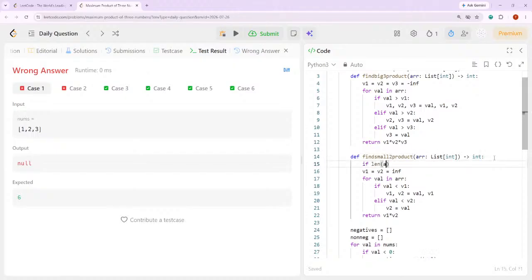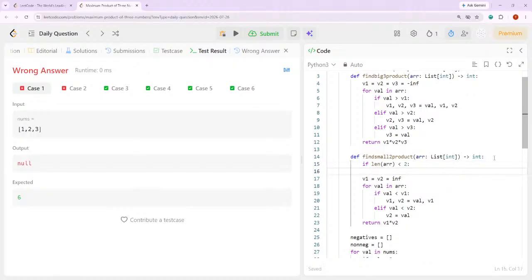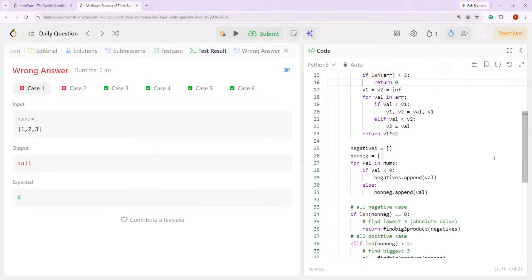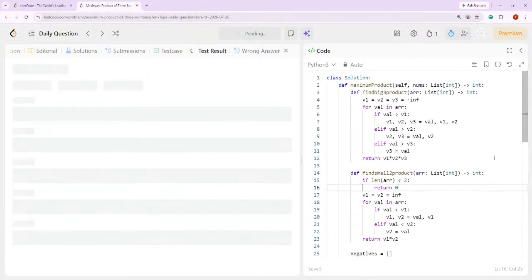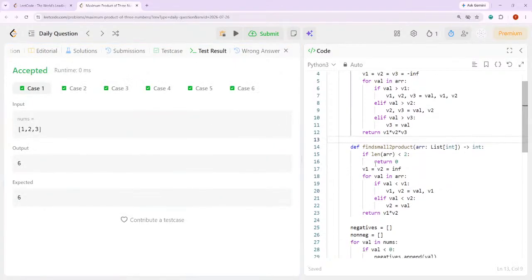If the length of the array is less than 2, then just return 0. Yeah. Is less than 2, yeah.